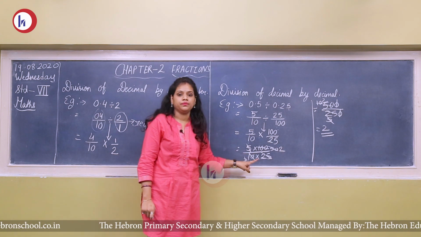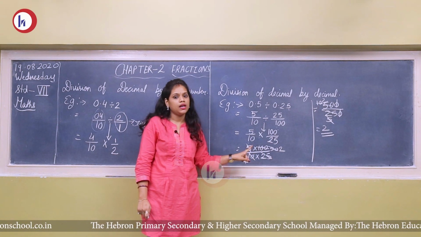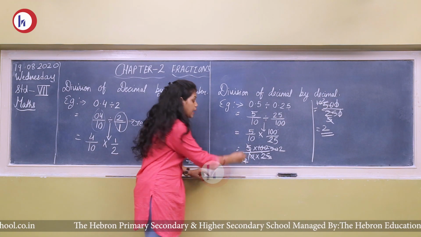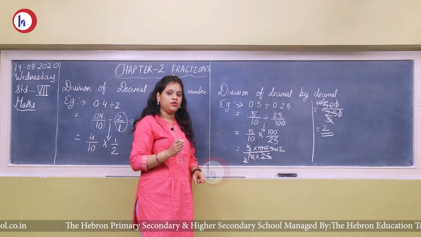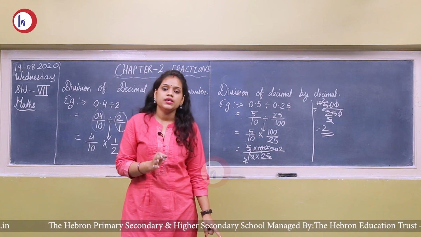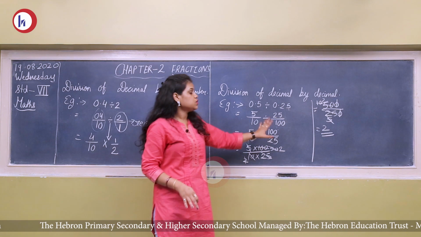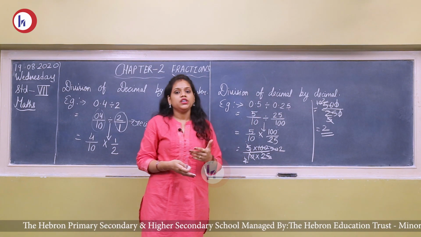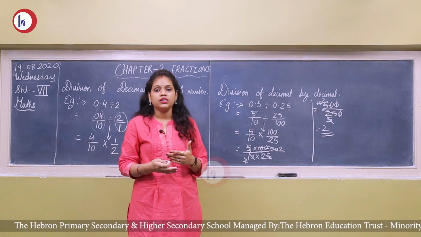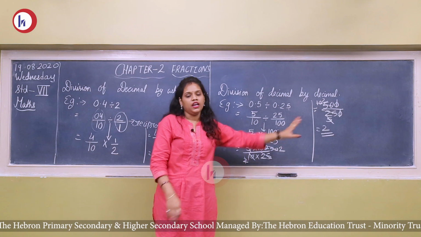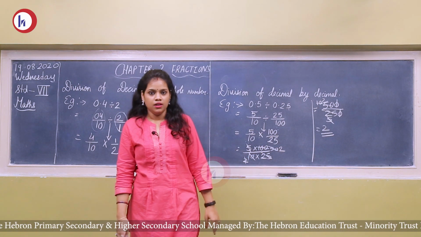Only in multiplication can you reduce and cut in cross or upside down, and that should be a common number for cutting both numerator and denominator. Then only reducing is possible. Okay? So this way you can divide a decimal by a decimal number by converting it into fractions, then changing it into multiplication with the reciprocal of the second part, and finally reducing the answer.